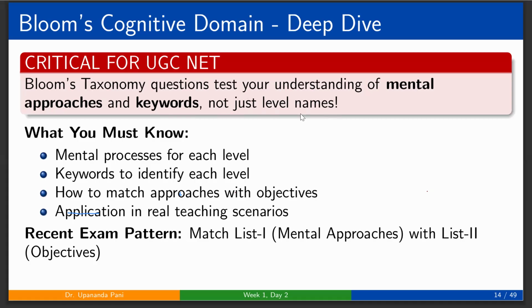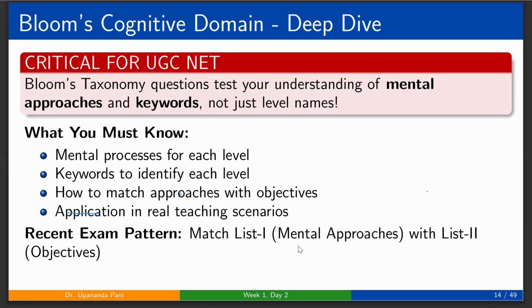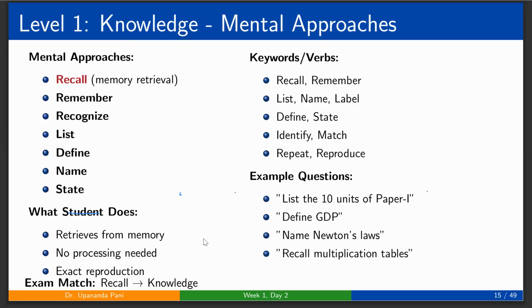What you must know: the mental process for each level, the keywords to identify each level, and how to match approaches with objectives and application in real teaching scenarios. For example, the recent exam pattern shows you will be given a match list, with list one of different mental approaches and list two of different objectives.